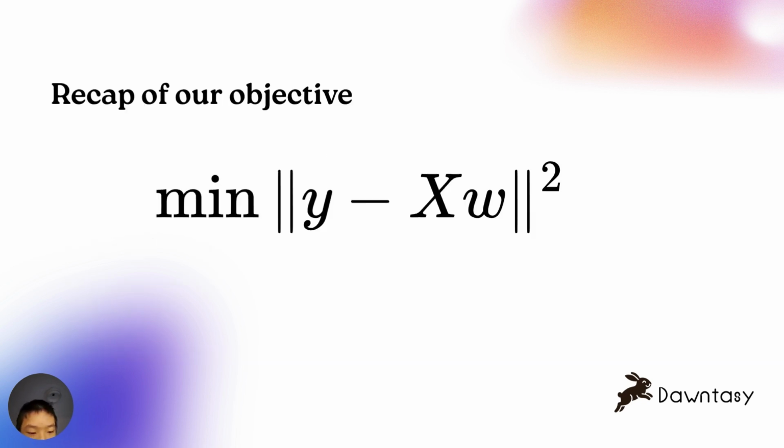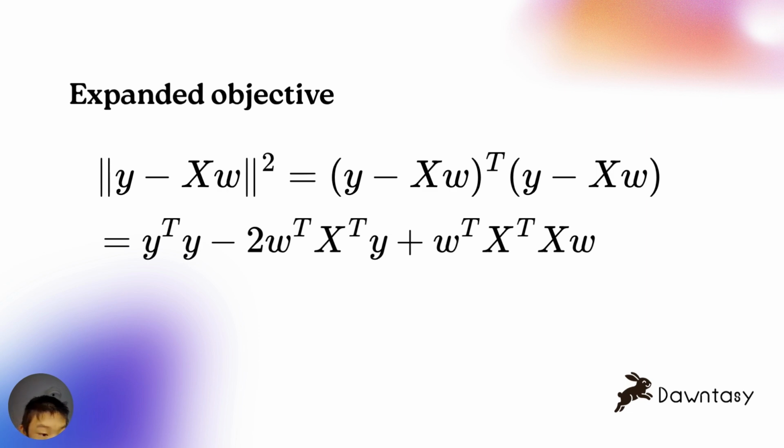So now that we've got our other objective that's basically the same, we've got the minimization of the sum of squared errors over there. Okay, how do we expand this? As you can see, this is like a quadratic form, right?